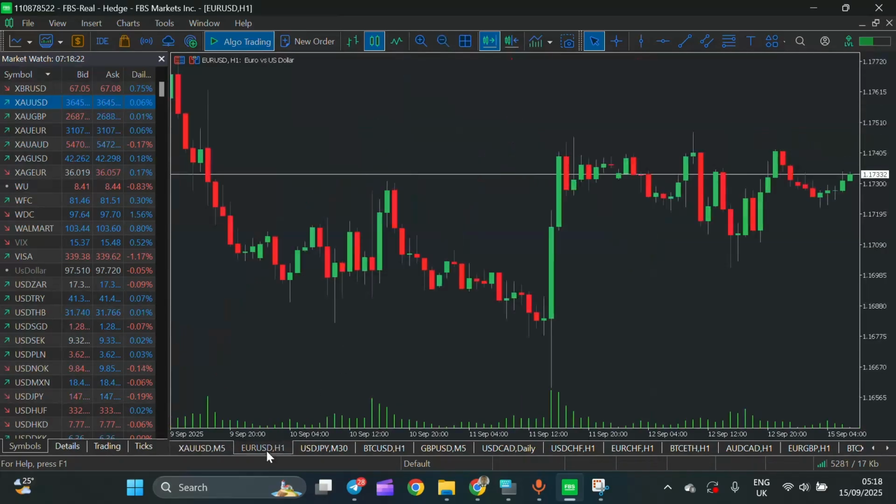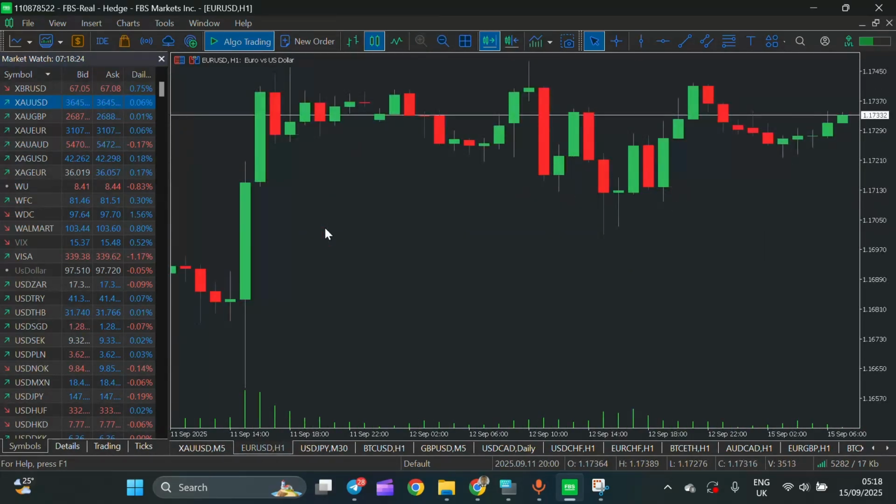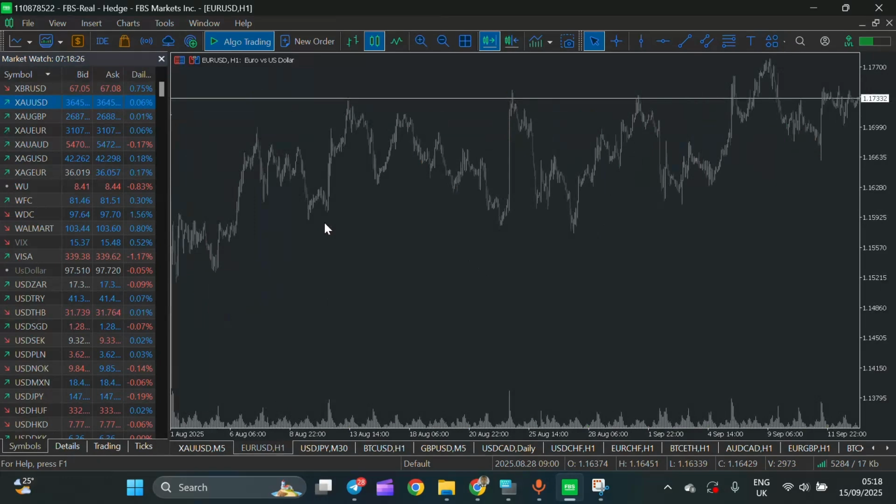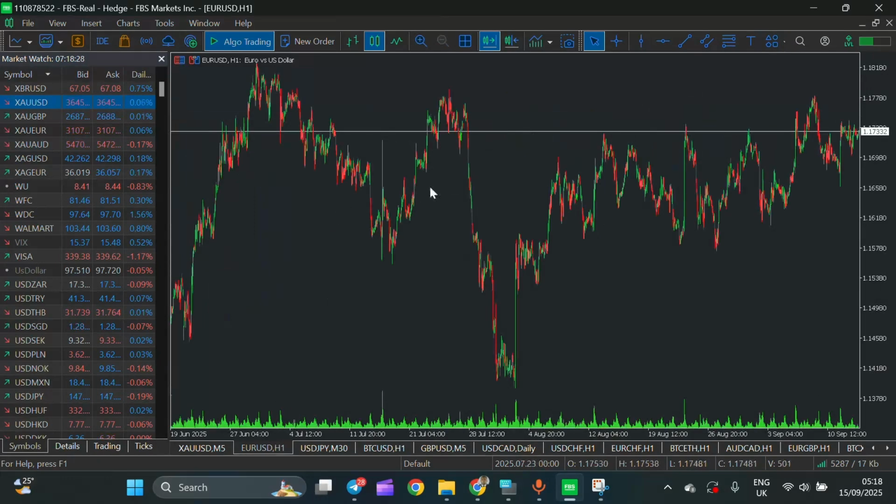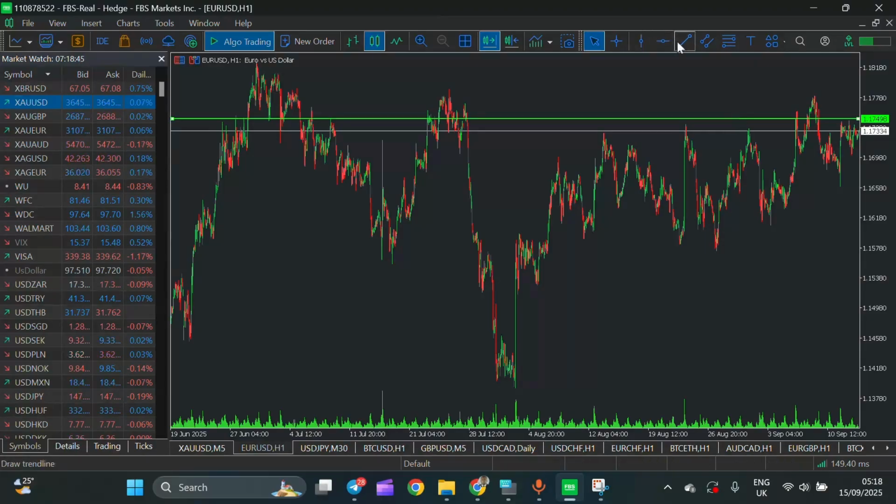All right, so let's check the Euro USD. The Euro USD has been oscillating most lately. Based on the last analysis we made, we are already in the H1, right? The Euro USD H1. I would just want to start with the H1 because Euro USD, compared to gold, does not make so much movement.